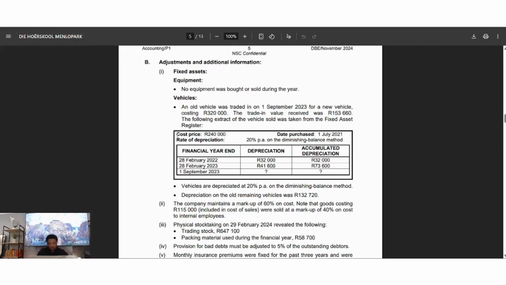So let's have a look. This vehicle had a cost price of 240,000, and because we're working out the cost price, the information about accumulated depreciation and the value of the trade-in is not really relevant. What is relevant is the cost price, and you need to also now think about the ledger of vehicles at cost.